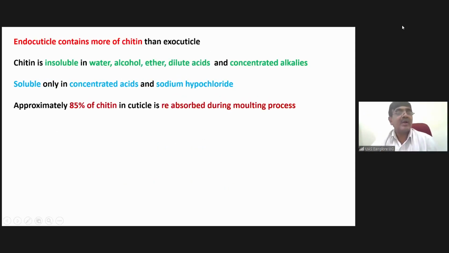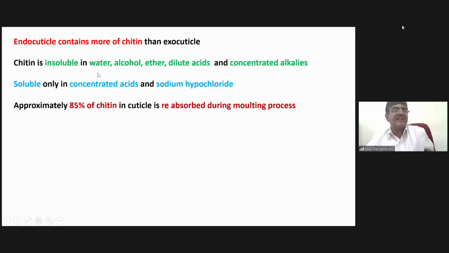And the endocuticle contains more chitin than the exocuticle. Even if chitin is present in the exocuticle, it is meager or in a lower percent.